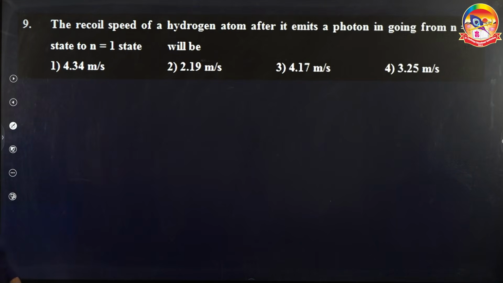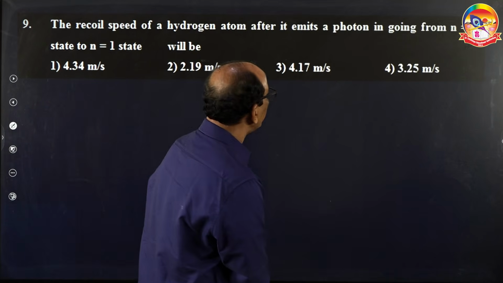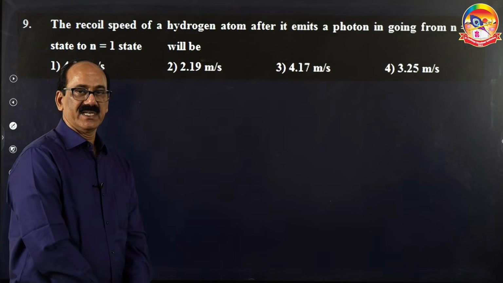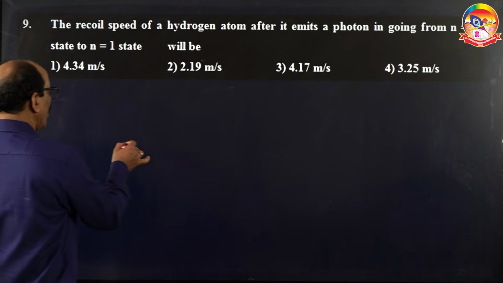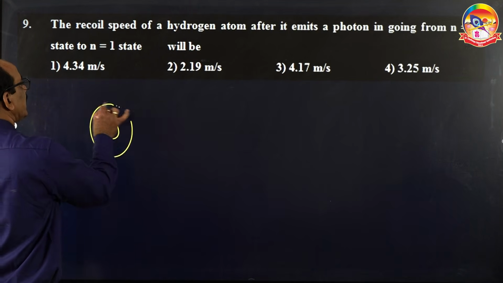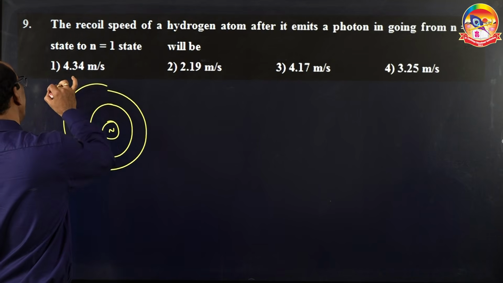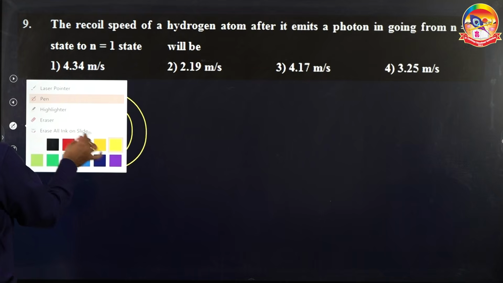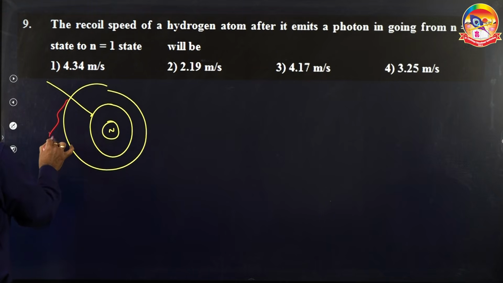Then let us look at this. The recoil speed of a hydrogen atom after it emits a photon in going from n equals 5 to n equals 1 state. So the electron in the hydrogen atom got de-excited from some higher energy level to a lower energy level. In this process, obviously, it gives out a photon. Okay?